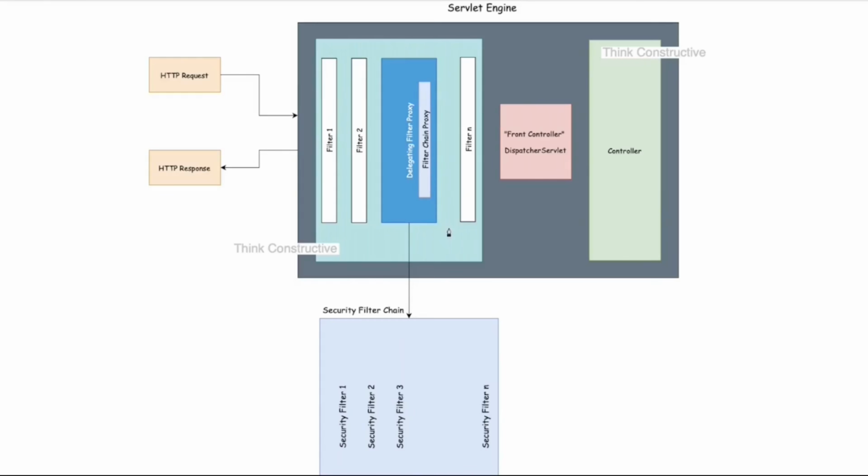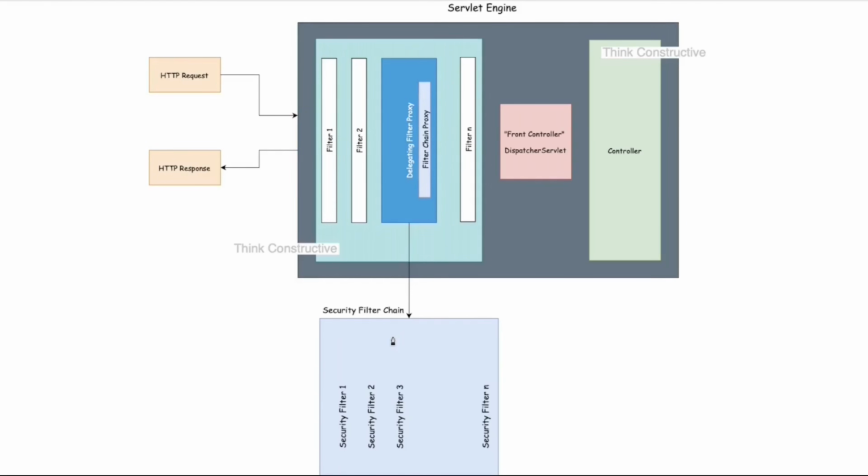For that, Spring Security has given us this delegating filter proxy, and inside it you can notice the filter chain proxy is encapsulated, and this will delegate the request further to the security filter chain here. You can see a number of security filters I have written here. So this request before reaching the front controller is delegated to the security filter chain.